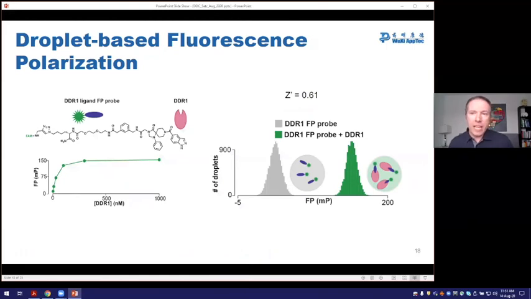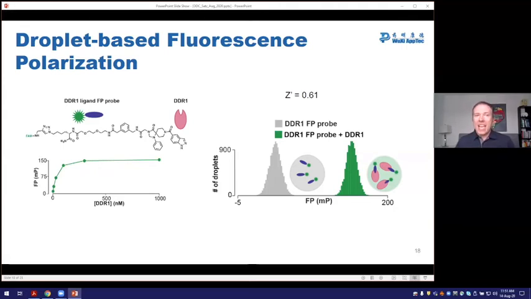So what we've done here is we've taken the ligand, which we found in this previous DEL screen for DDR1, and we've converted this into an FP probe. And when we take our probe and we titrate it with DDR1, we see that the FP signal goes up.